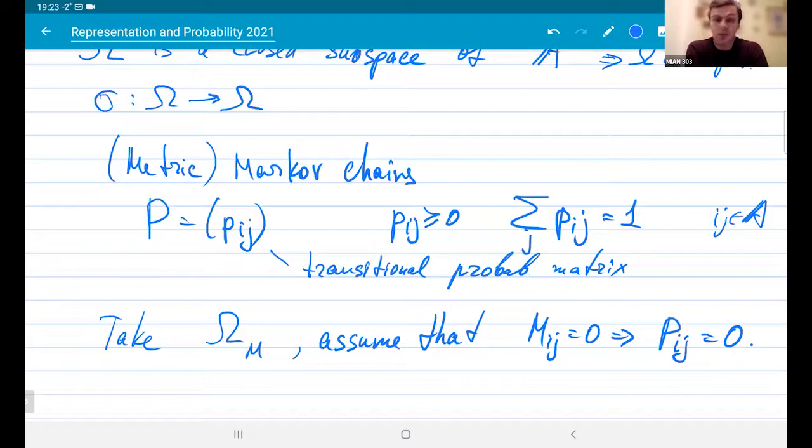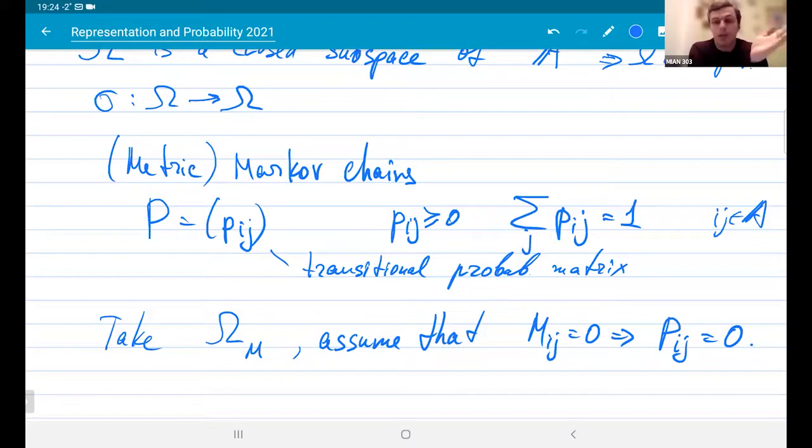Another way, we can consider just a Markov chain, so we have some transition probability matrix, and then we can construct the corresponding M_ij in such a way that if P_ij is positive, we should have M_ij equals 1, and where P_ij equals 0, we can choose M_ij to be 1 or 0 as we want.